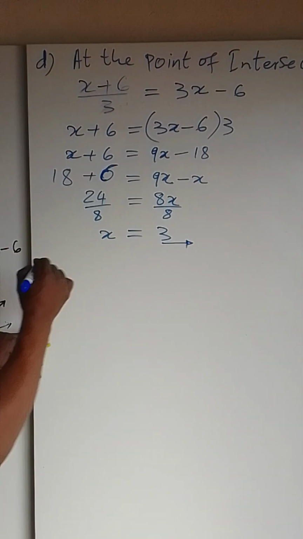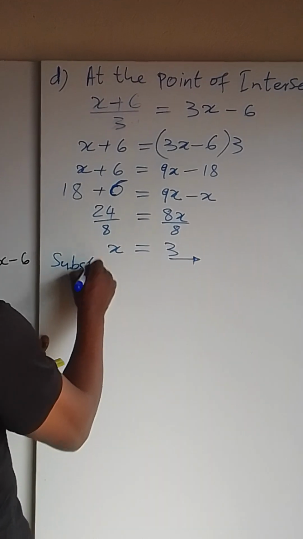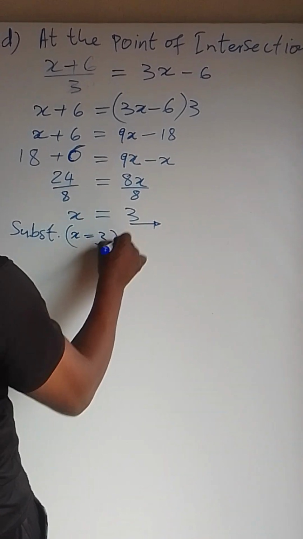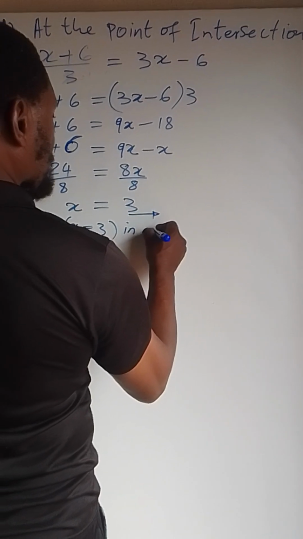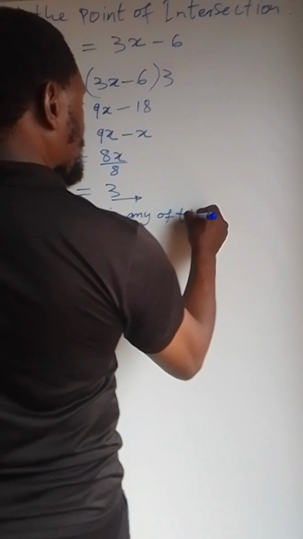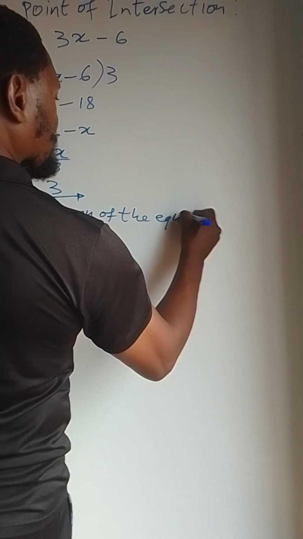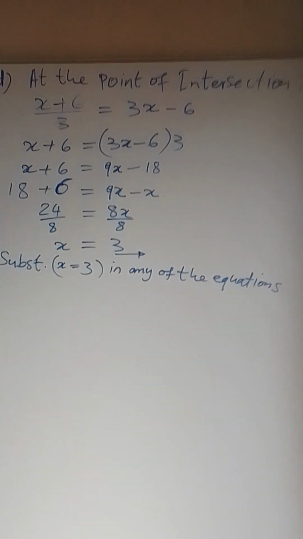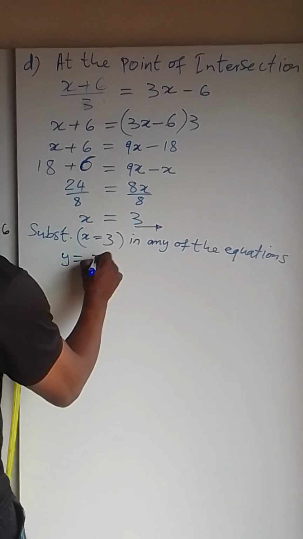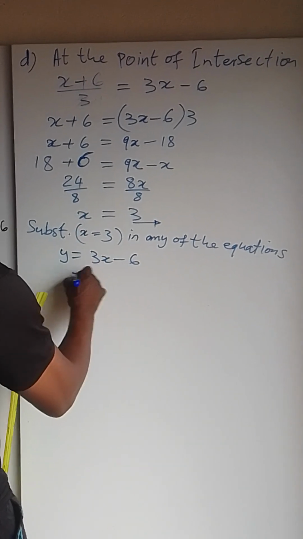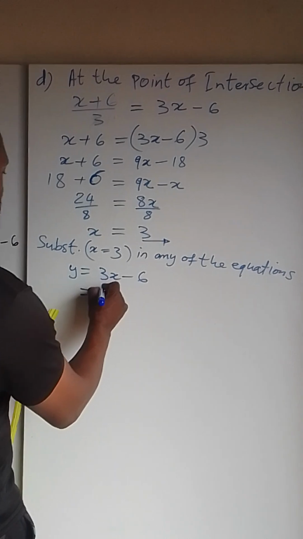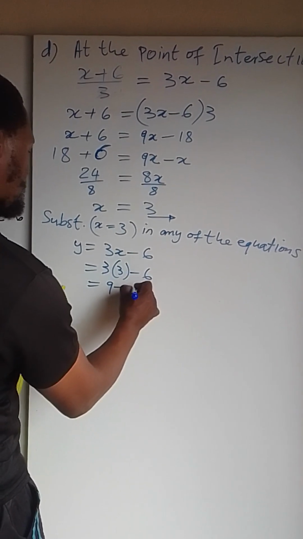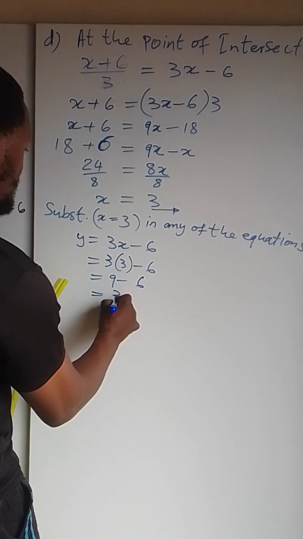Then you are going to substitute this 3, substitute x equals 3, in any of the equations. So we can take this one because this is a very simple one. You say y is equal to 3x minus 6. Where you see x, you put a 3. 3 times 3 minus 6, which is 9 minus 6, which is 3.